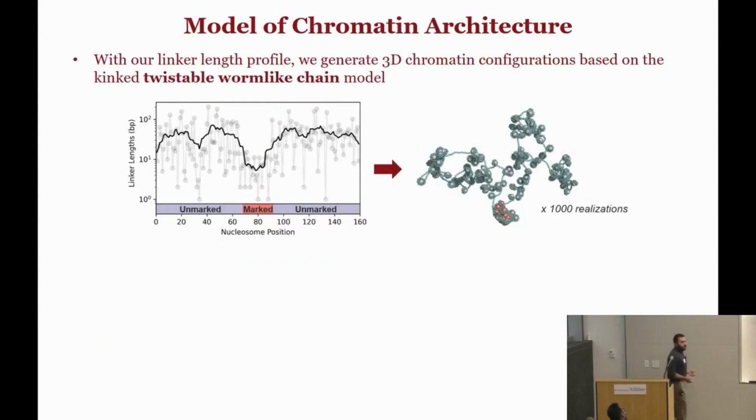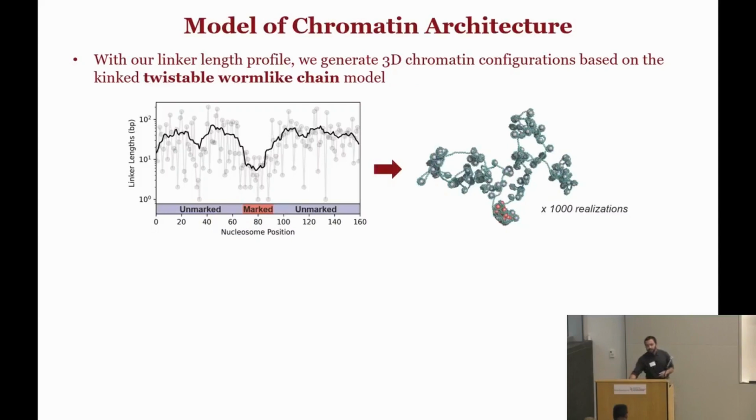So far, we've been operating in a 1D space, but really we're interested in the structure of chromatin in 3 dimensions. And for this, we turn to polymer theory. So we assume that the linkers between nucleosomes behave as semiflexible polymers. This is based on the behavior of bare DNA. And we can sample bending probabilities of these polymers so that we grow chains of 3D chromatin configurations based on the linker lengths between nucleosomes.